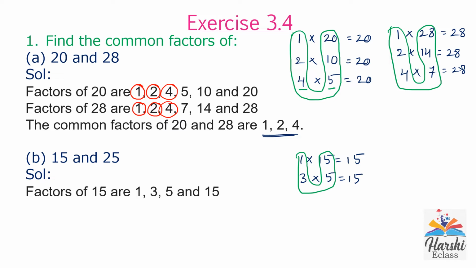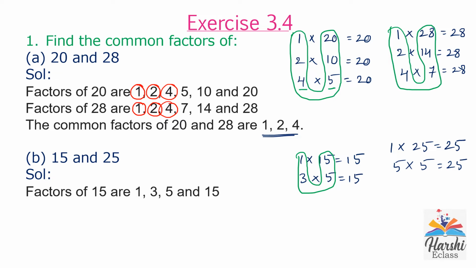Factors of 25. 1 25s are 25. After that 2 is not a factor of 25 because it leaves remainder 1, and 3 is also not a factor of 25, it also gives remainder 1. 4 is also not a factor of 25. 5 5s are 25.